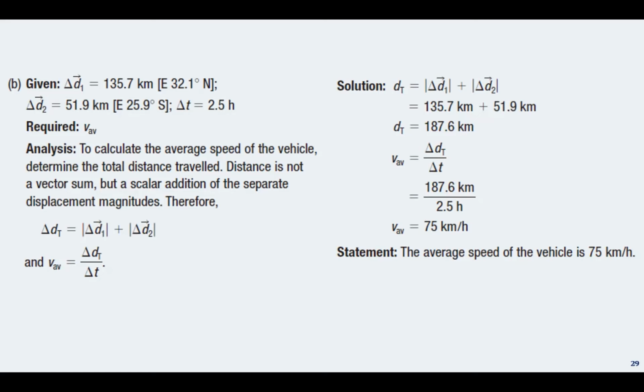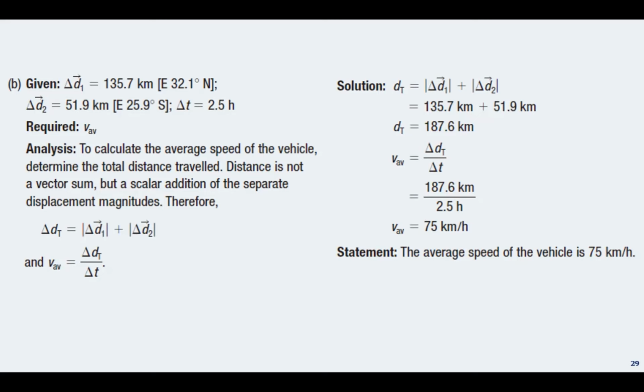So first of all, we find the total distance traveled, which is the sum of the magnitudes of the two displacements, right? So first, let's calculate the magnitude of delta D1, which is 135.7 kilometers. You can just put the numbers in, right? And the magnitude for the second displacement is 51.9 kilometers.